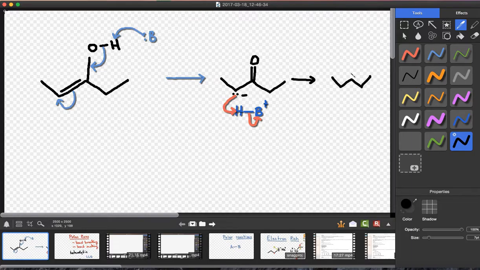The keto form will be favored unless the enol form is either highly conjugated or aromatic. So the equilibrium lies to the right and not to the left. So this is a base catalyzed mechanism of tautomerization. There's also an acid catalyzed form.